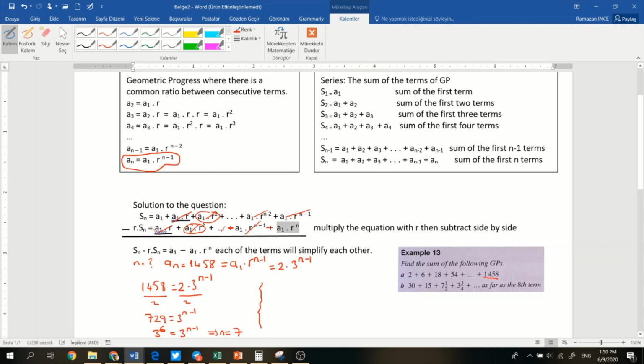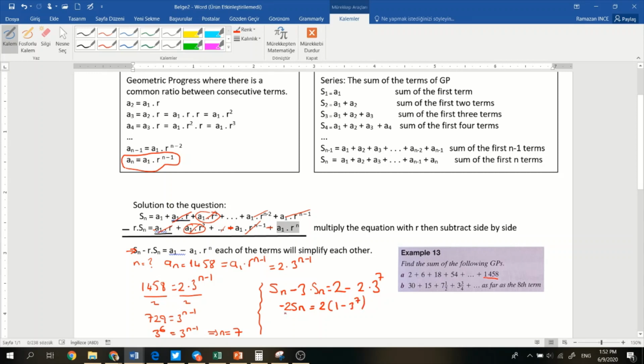Now we get to this point. Now we can use what we got here. Sn minus R times Sn means 3 times Sn is equal to A1, which is 2, minus A1, 2 times R raised to power n. R is 3, and n is 7. Then negative 2 Sn is equal to 2 minus 2 times 3 to the power 7. 2 is common here, so we can write it as 2 in a bracket, 1 minus 3 raised to power 7.